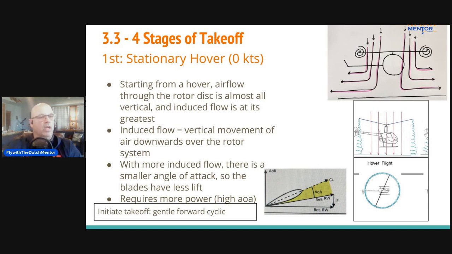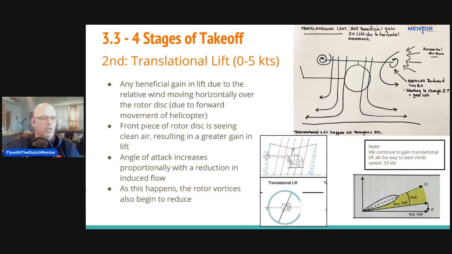It's only when we go to forward flight that the vortices are being pushed backwards. So now the front of the helicopter has clean air, which brings in a lift component, which is helpful. But you still have the negative effects on the opposite end of the blade, as well as the tail itself.